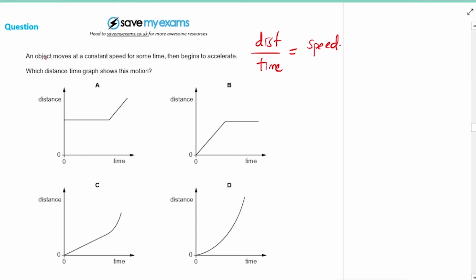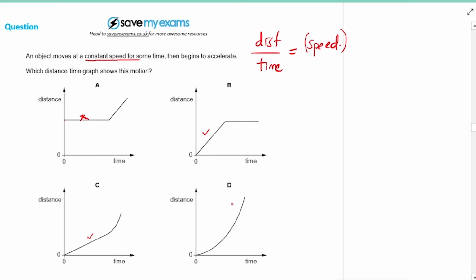So they're saying that an object moves at a constant speed for some time, meaning that if it is moving at a constant speed, the gradient of this graph is supposed to be constant. So let's look at this. This is out because this is not constant speed. Here the gradient is increasing, so the speed is increasing here and there.